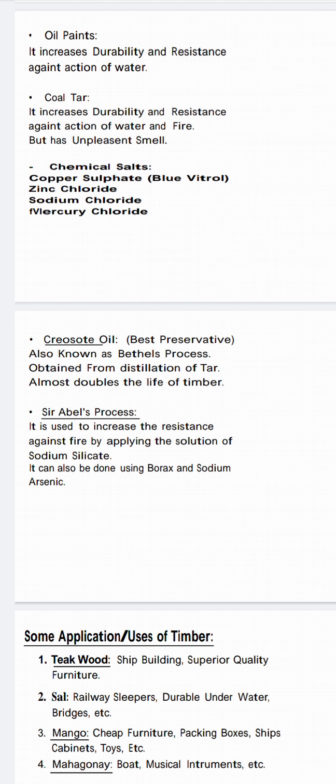Fire resistance is increased by applying a solution of sodium silicate. It can also be done using borax and sodium arsenate.